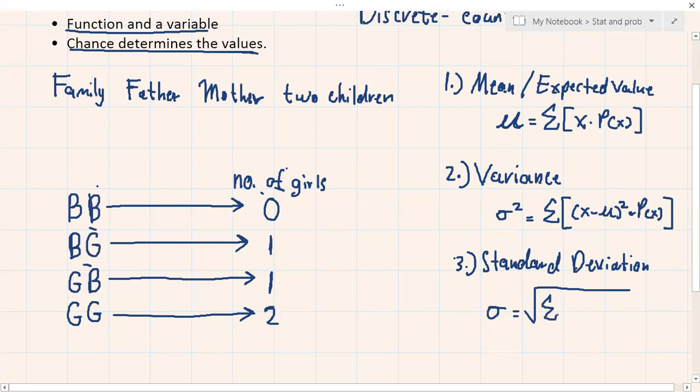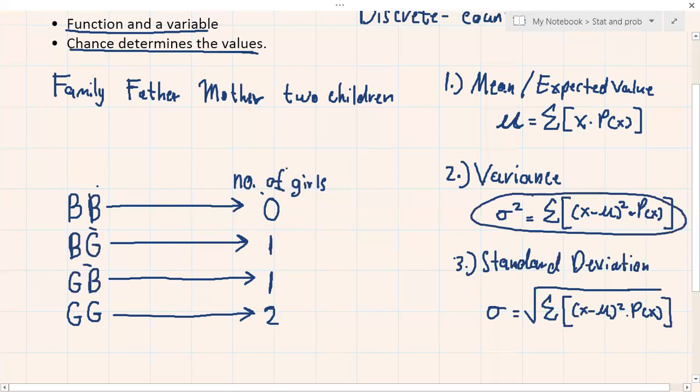The square root of the summation of the square of x minus the mean times p of x. Okay? Kumbaga guys, in other words, kung anong nakuha mong variance dito, tapos hinanap mo si standard deviation, square root mo na siya. That's how you find standard deviation.